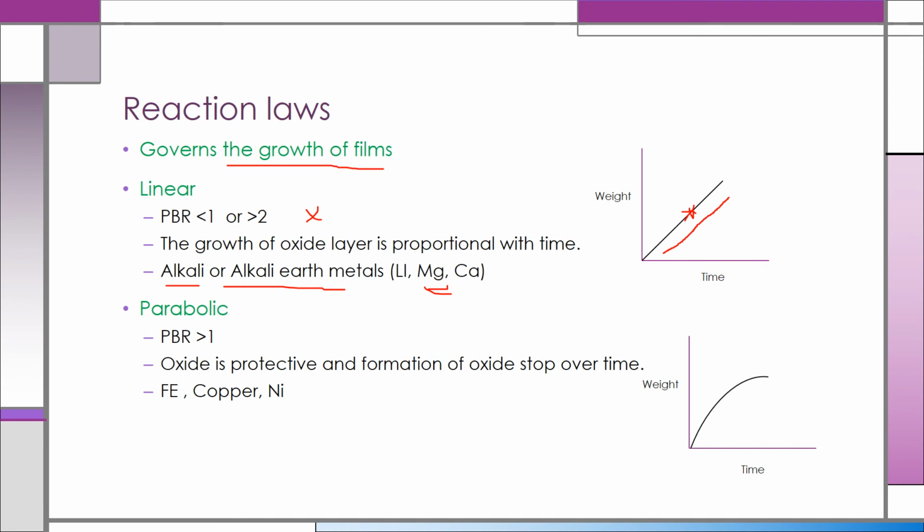Parabolic is actually protective, meaning the oxide growth will stop at this point. Once it reaches the protective stage, formation of oxide will stop over time. You see, this part, it will stop. Examples are iron, copper, and nickel.